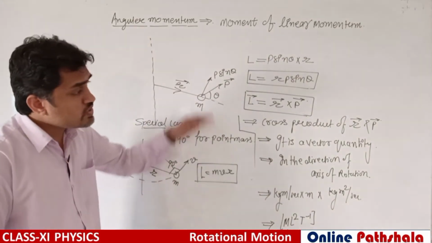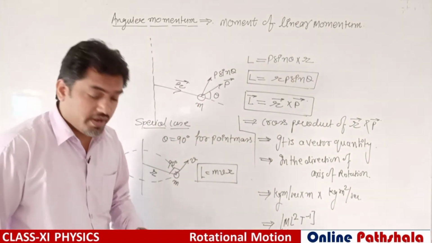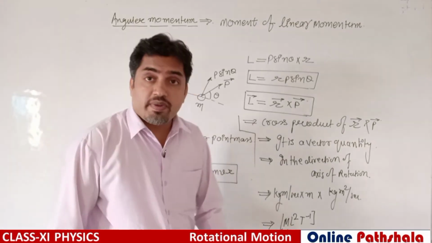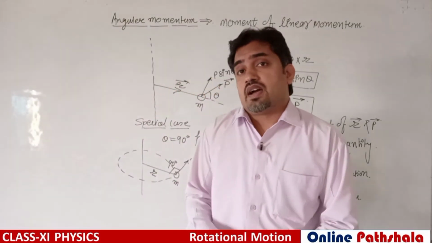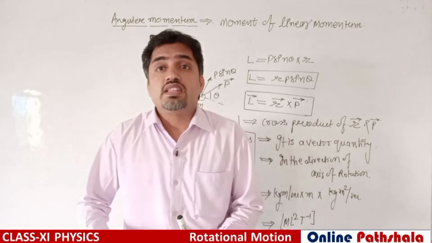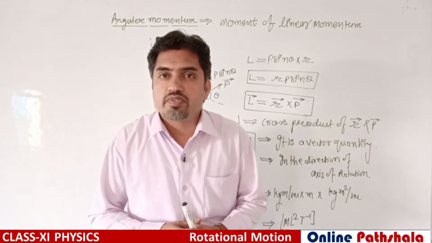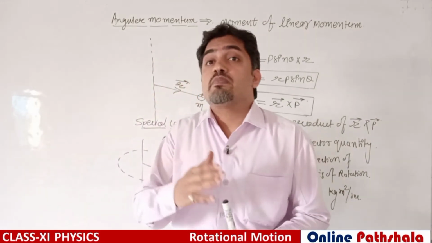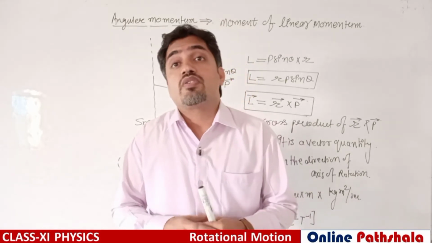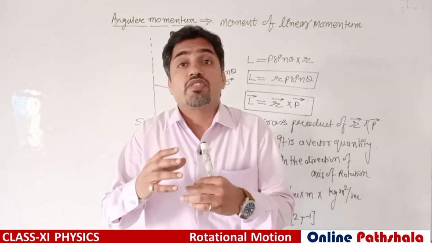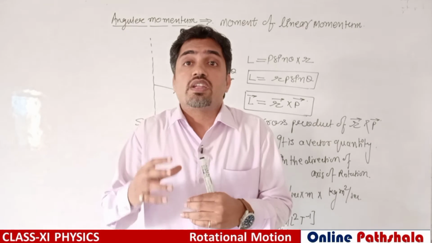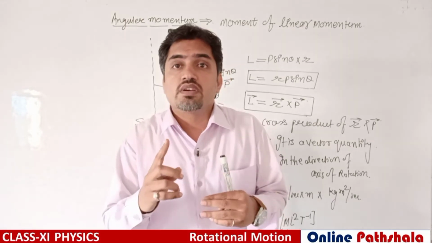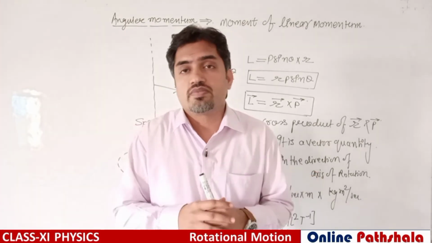So it is the concept of linear momentum and angular momentum. Moment of linear momentum is called angular momentum. So this concept is only for the point mass. If we talk about the rigid body, a rigid body can perform rotational motion as well as translatory motion.